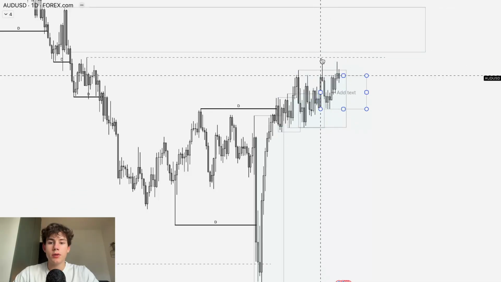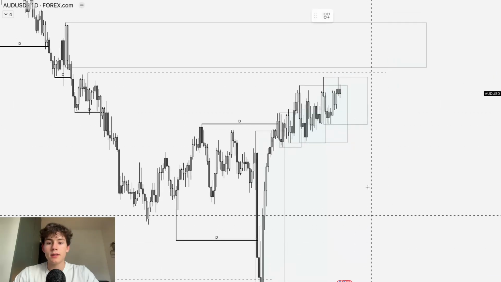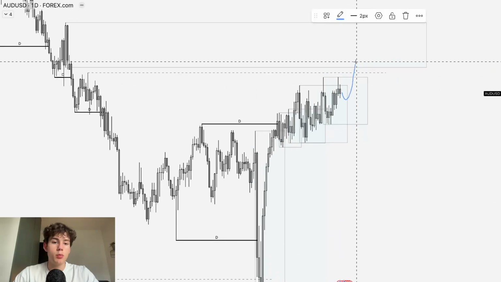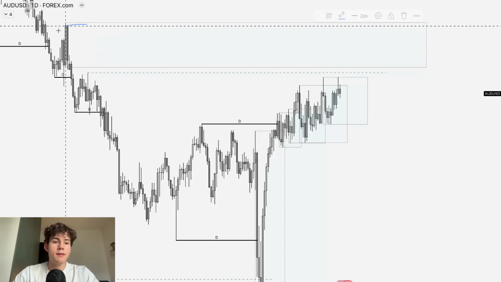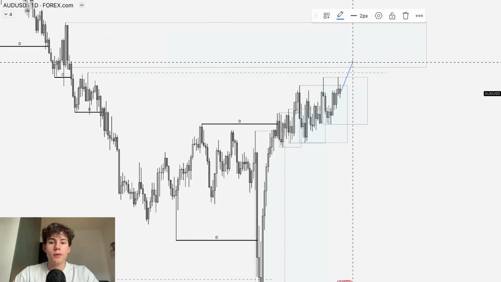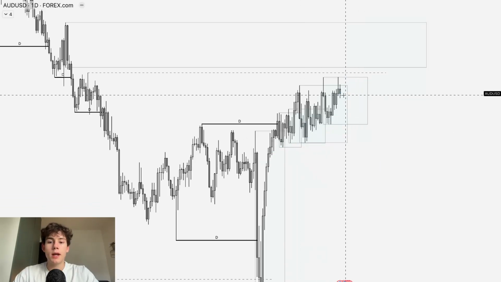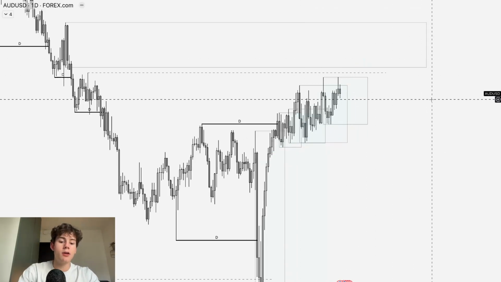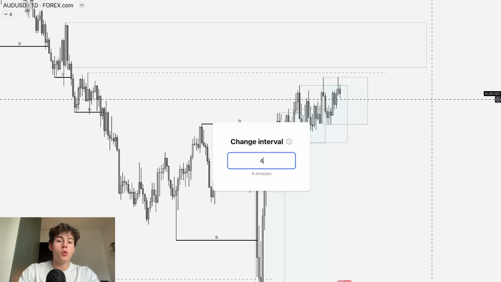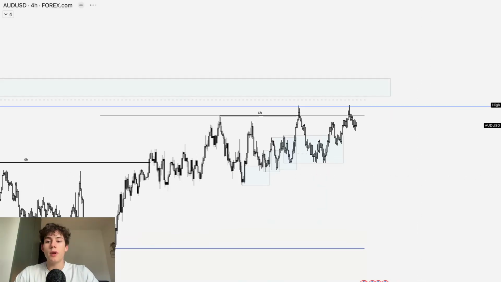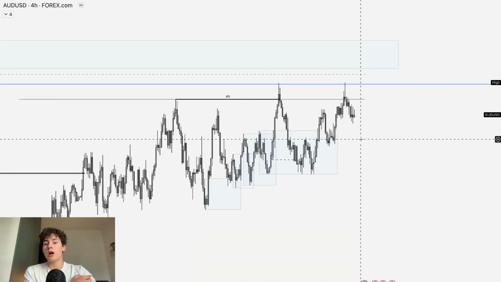So this is your demand in control, but I still think that we could see a swipe up, take liquidity above this high, tap this supply zone, and from there I want to take shorts to take out all of the liquidity lows. But at the moment we could still trade up higher, definitely with a possible trade deal coming on Monday, which could cause risk on pairs to move up higher like AUD and NZD.